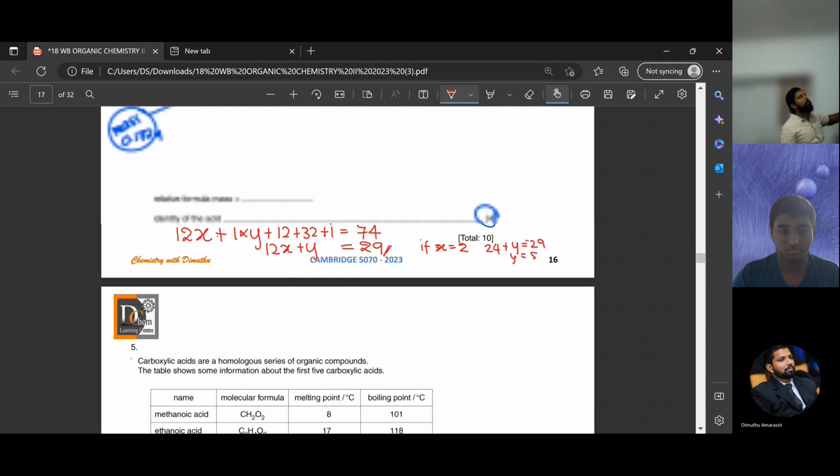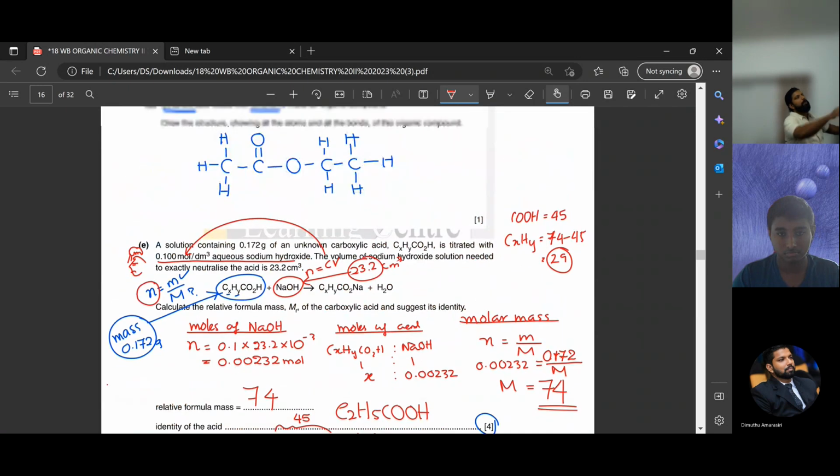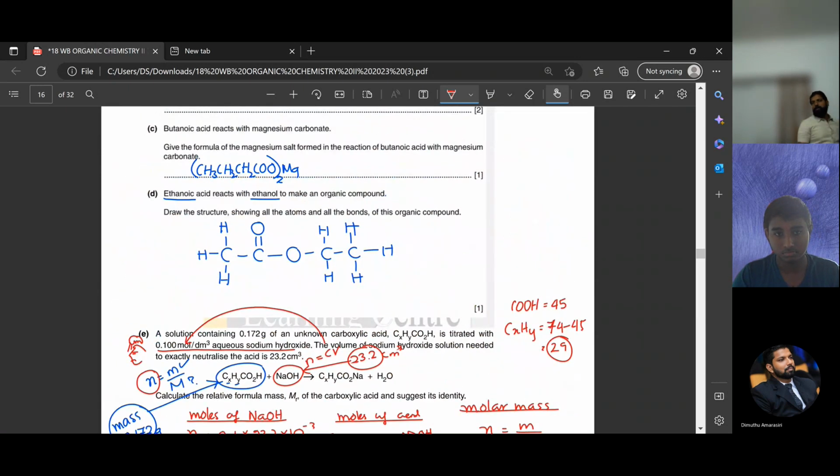Let's say we drew an ester here. This is your ethanoic acid and this is your ethanol. What happens to this? Removing a water molecule, you get the ester.